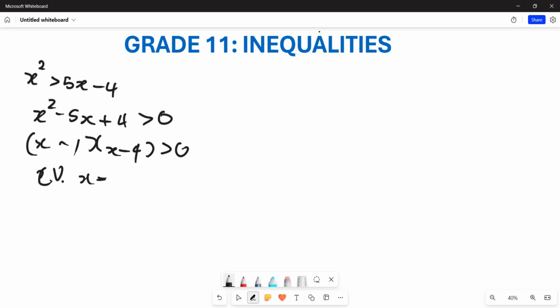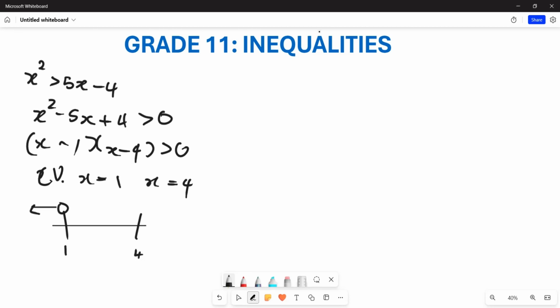This is where x is equal to 1, or when your x is equal to 4. Now that you have that, you're going to come back here and draw your number line. Obviously, your number line is going to start with 1 and 4. Now, we are saying any values that are going to give us something greater than 0, this is going to be when starting from 1, moving in this direction, right?